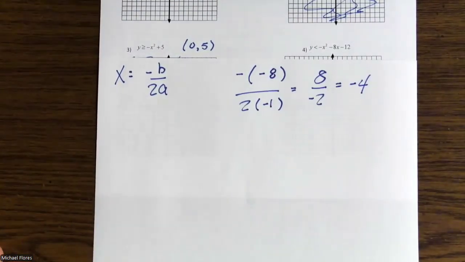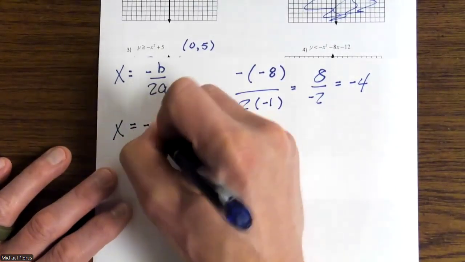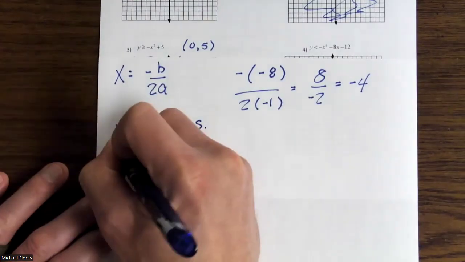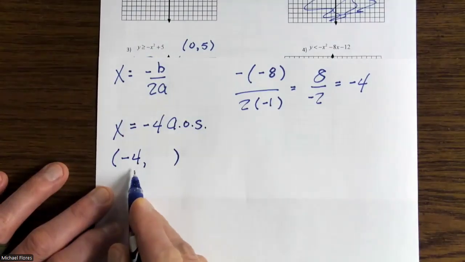So -4. Okay, so that's our axis of symmetry. X equals -4. That's our axis of symmetry. That's also half of our vertex. We know the first value of our vertex.